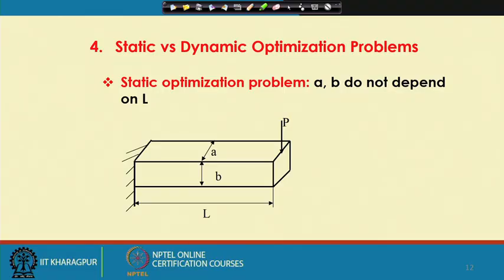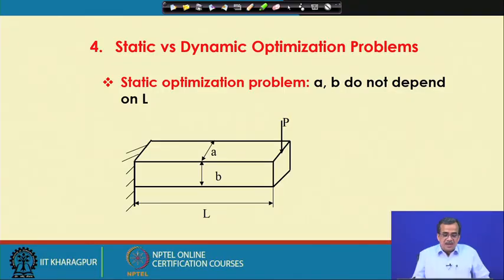The next classification is either a static optimization problem or a dynamic optimization problem. Let us try to explain what we mean by the static optimization problem. Let me take one very simple example. Suppose I have one cantilever beam and here there is one concentrated load P acting, and this beam has length L and cross section with dimensions A and B, and the cross section is kept constant throughout the length.